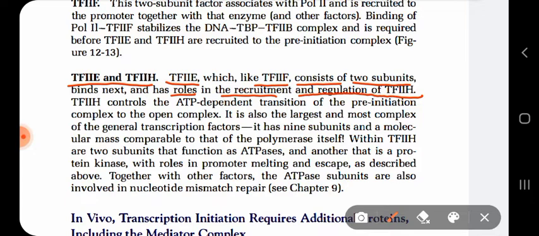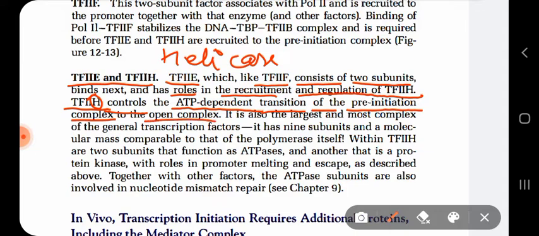Well, TF2H I have already discussed with you. TF2H, H for helicase, H for helicase. That means it has a helicase activity. It controls the ATP dependent transition of the pre-initiation complex to the open complex. Well, open complex means now the DNA at the promoter region will melt and become a single stranded region, to form a transcription bubble.